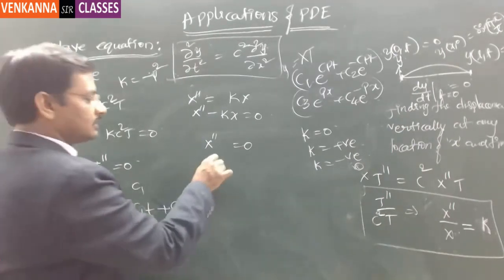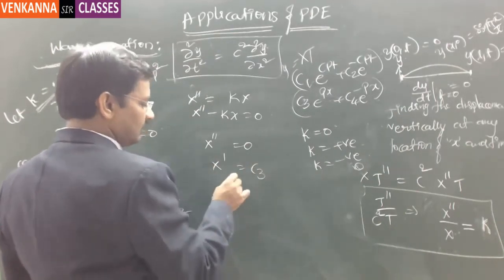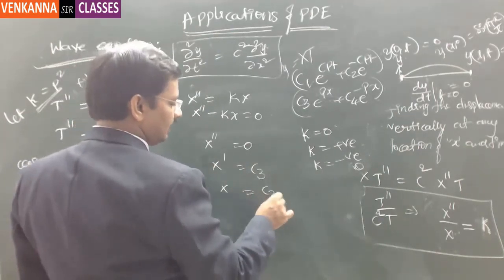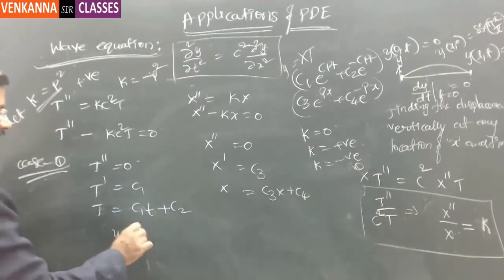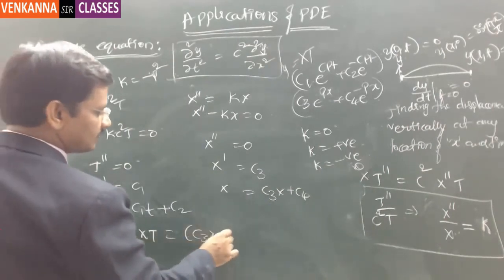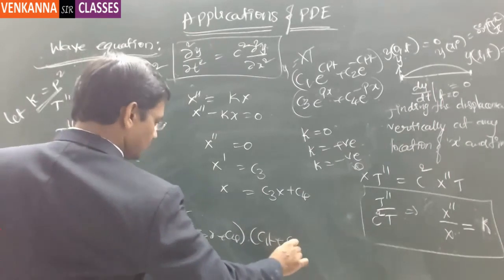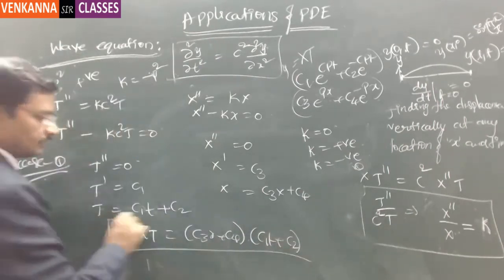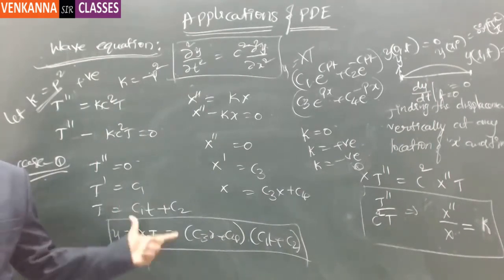Similarly, if you integrate once, X dash is equal to C3 and X is equal to C3 x plus C4. Now the solution is y is equal to X T, which is equal to C3 x plus C4 times C1 t plus C2. So this is one solution. Got it? If k is equal to 0. This solution understood?